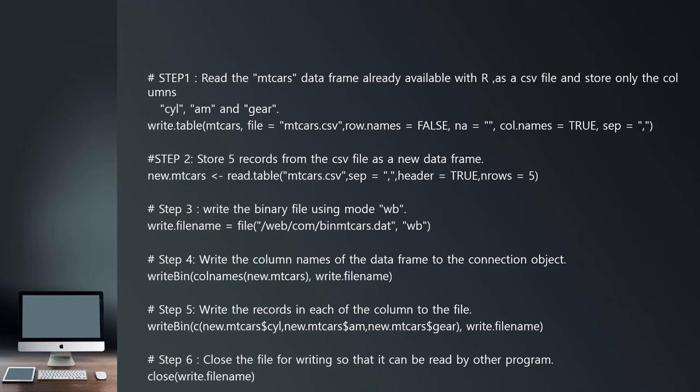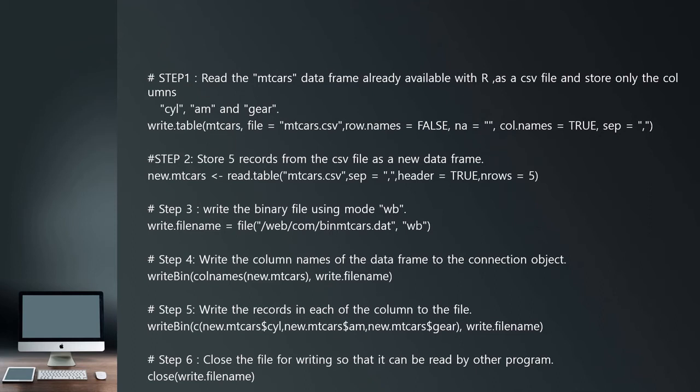In step 1 and step 2, I am going to retrieve some data which is already available, and that I am going to write in the binary file. For writing the binary file, there are 3 steps: the first is file name, the second is column name, the third is the record. It's very simple. So 6 steps I have used here.